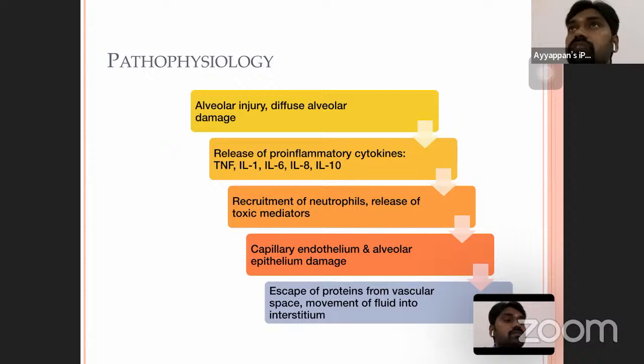And because of this damage, there is release of inflammatory mediators, especially cytokines, tumor necrosis factor, interleukin-1 and interleukin-6, which is followed by, because of the tissue injury, the recruitment of neutrophils and release of their proteases and toxic mediators. This is followed by capillary endothelial damage and flooding of the alveoli with proteinaceous material, and the movement of fluid into the alveolar sac as well as the interstitium.